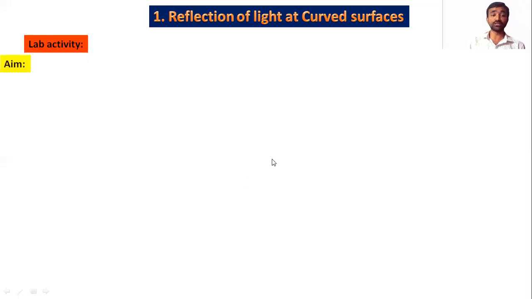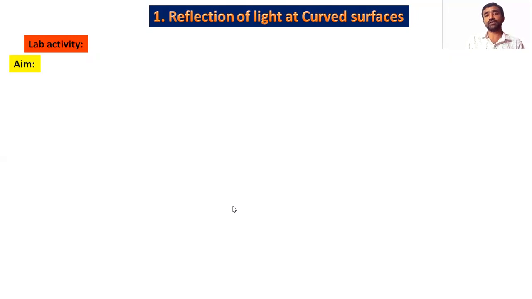Look here. What is our aim? While you are conducting the lab activity, we will follow a few steps. The purpose of conducting the activity is what we write as the aim. Then what are the required materials to conduct this activity? Then the precautions, the rules we follow while conducting the activity, are given here as precautions.